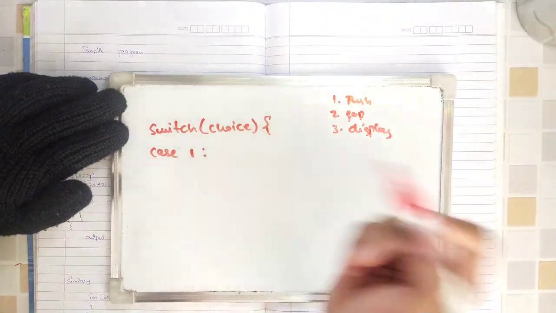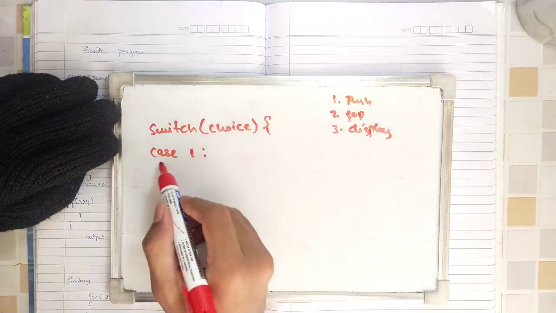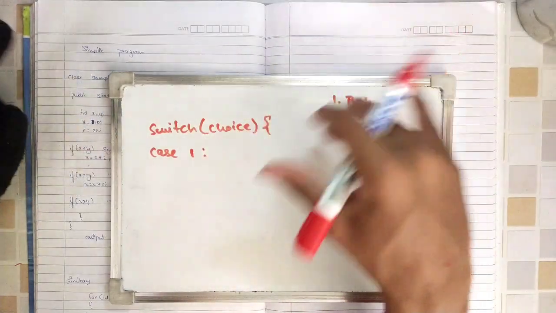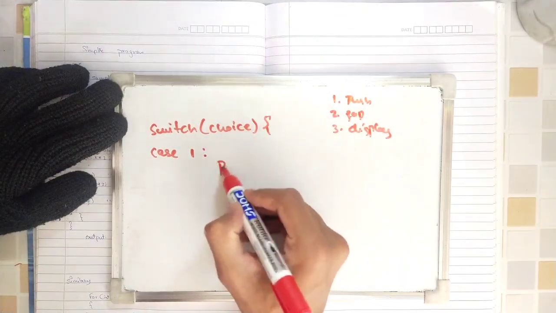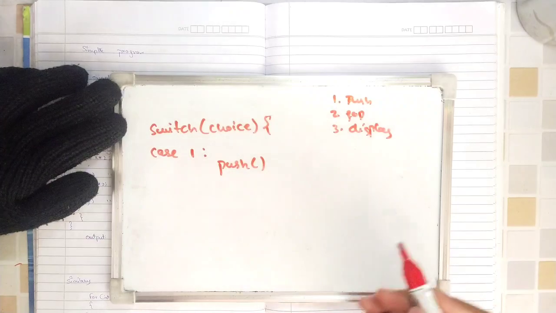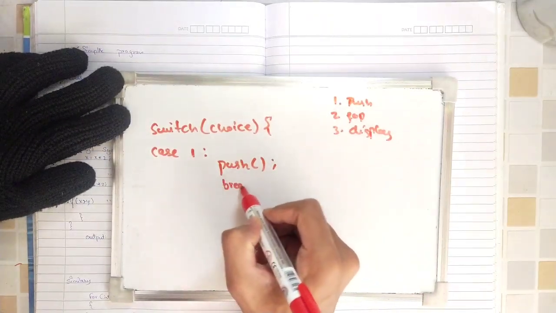Suppose case is 1, so if in the computer you gave 1 as input, I'll call this push operation, push. Then I'll write break.